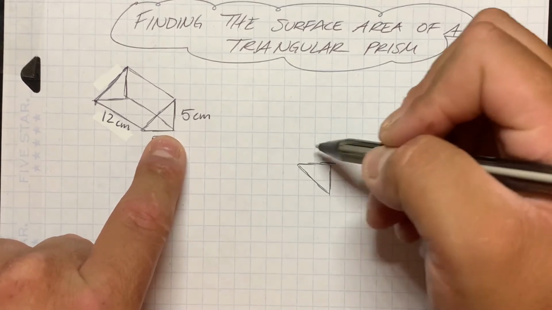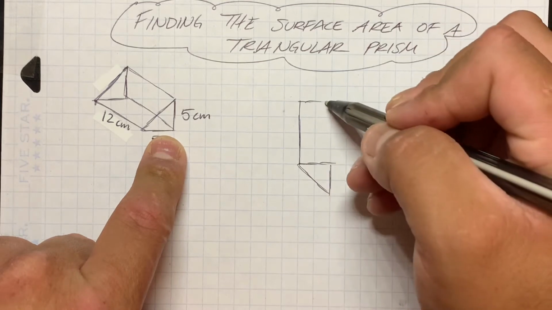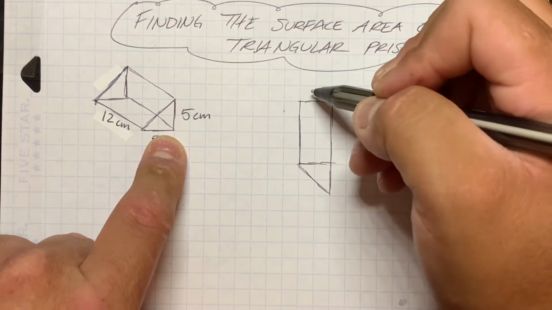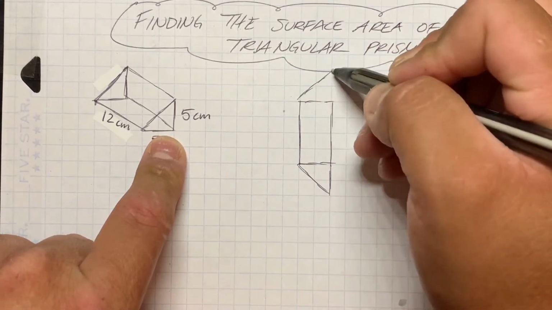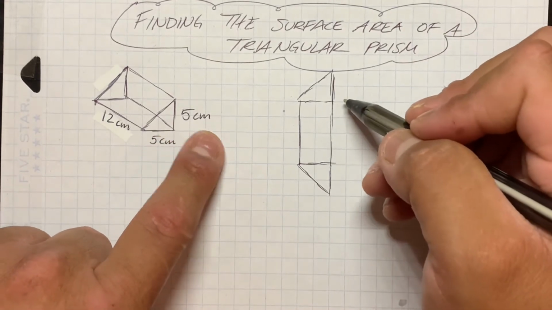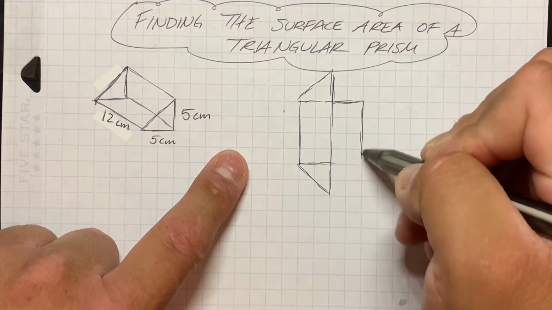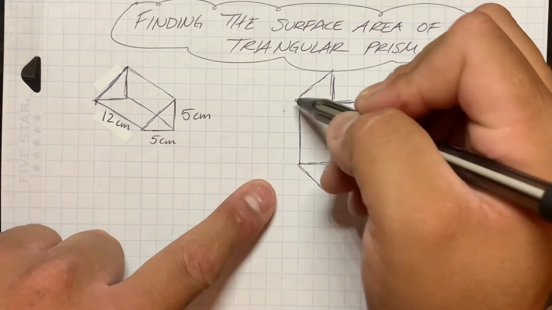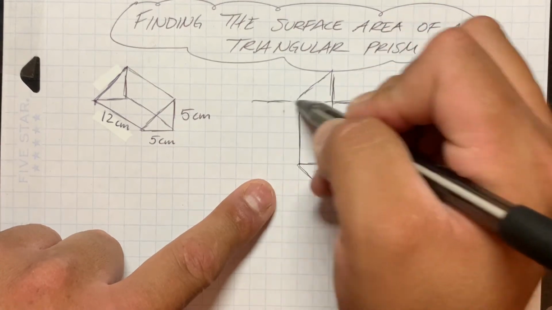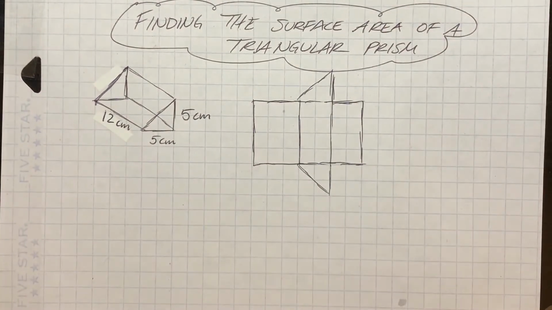And then we have the back of it. Okay. Another triangle over here. Okay, and then if we unfold that, you have the back side here. And then the front side. Okay, there you go. So there is our net.